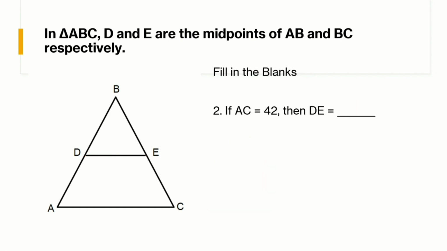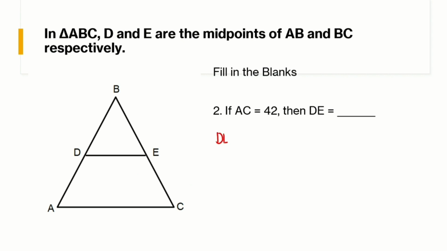Okay, let's try to answer question number 2. If AC is 42, then what is the measure of DE? Using the same equation, take note that segment DE is 1/2 the measure of segment AC.